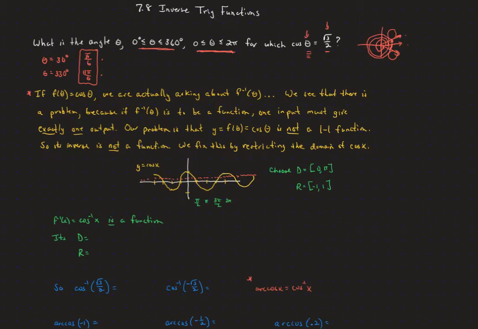So we choose a domain to be only between 0 and pi. So if we're only going between 0 and pi, we're only going to get this part of our cosine function. And so on that restricted domain, we can see that the cosine function is one-to-one. It will pass the horizontal line test.